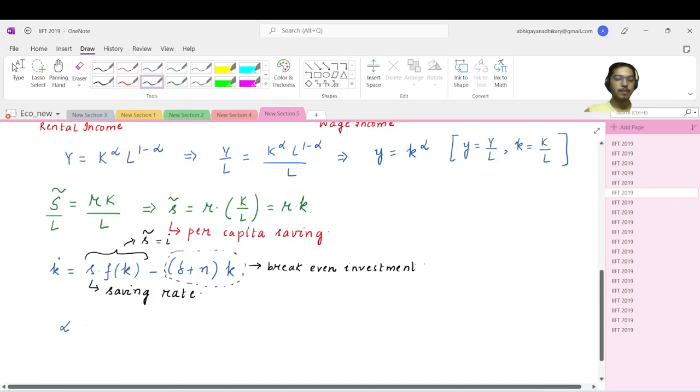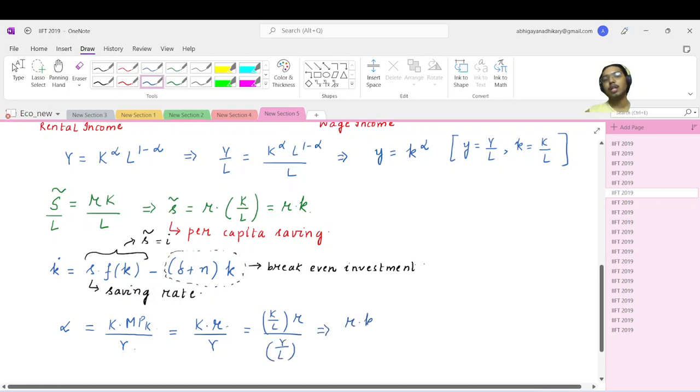So alpha is equal to K into MPK divided by Y, isn't it? At competitive equilibrium, MPK is R. So if you divide both sides by L, numerator and denominator, you basically get R times small k divided by y equals alpha.